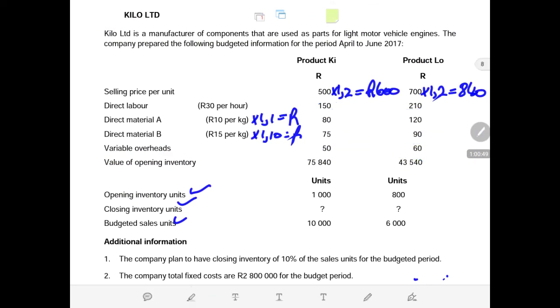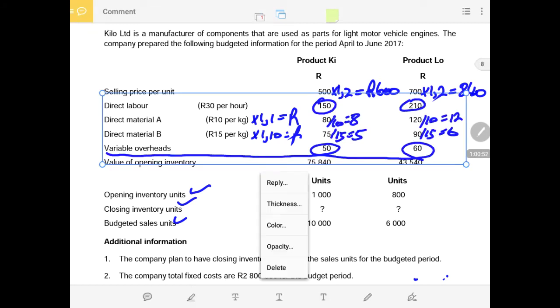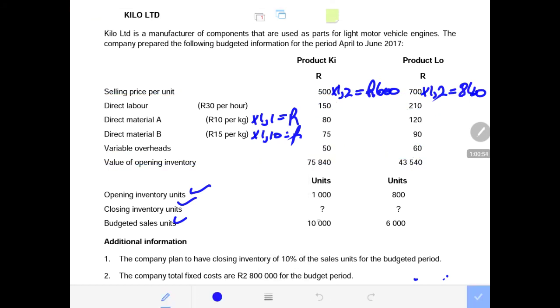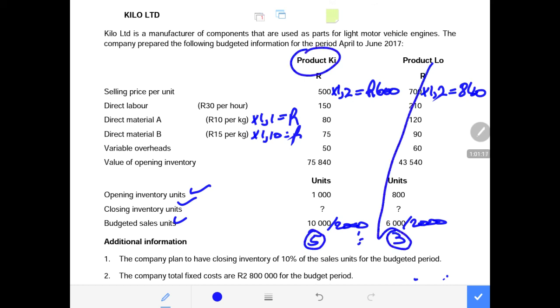And now we always take our sales mix from the number of units sold. We have 10,000 units and here we have 6,000 units. We need to first look for the common denominator, where we divide by 2,000 because 2,000 goes to all of them and leaves no remainder. This becomes 5:3. This is our ratio, meaning for every 5 units sold for product KI, 3 units of product LO are sold. That's what this ratio means.